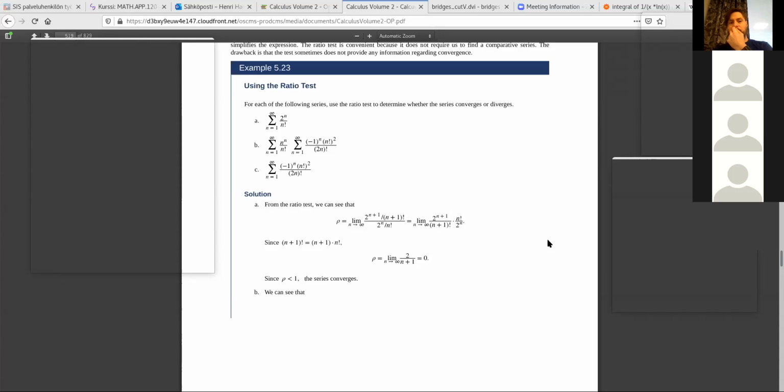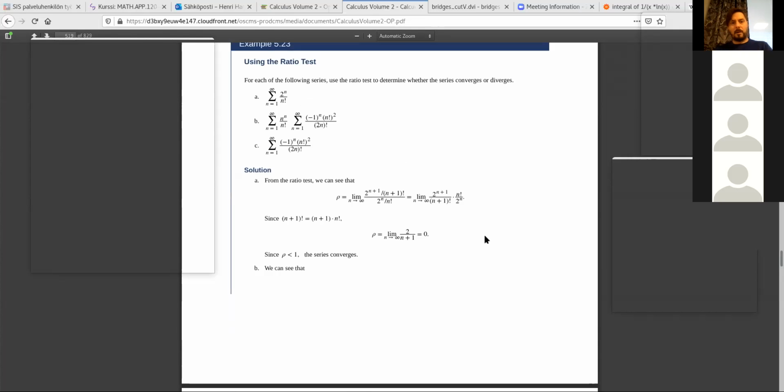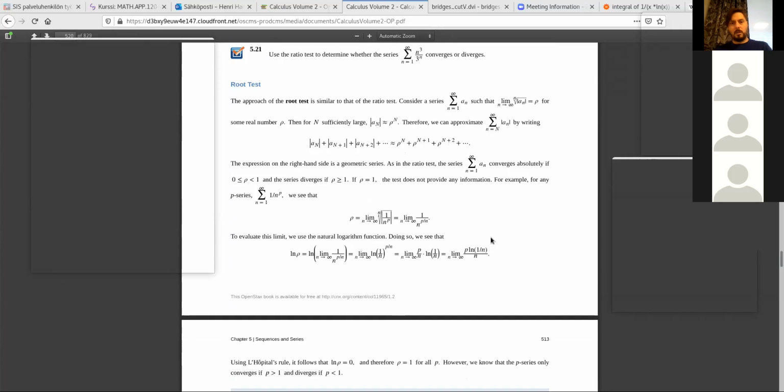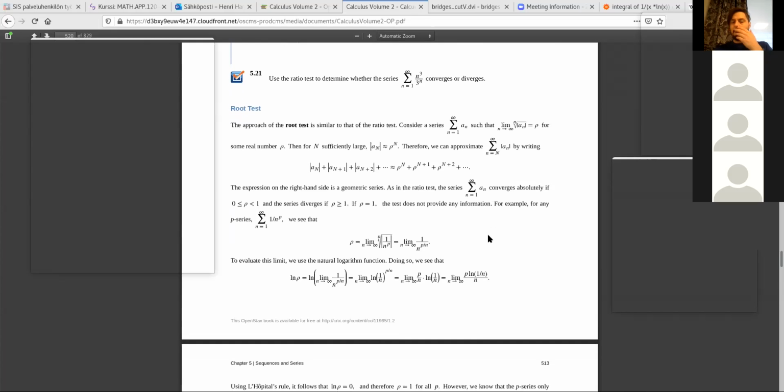And so this is an absolutely convergent series. The second one I'm going to skip, because part of that is in the homework. So I would like you to do that, but not yet. So let's see, n to the 3 over 3 to the n. Use the ratio test there.